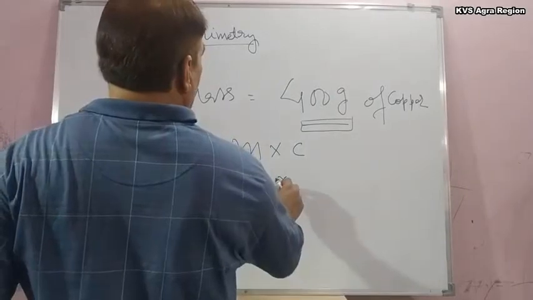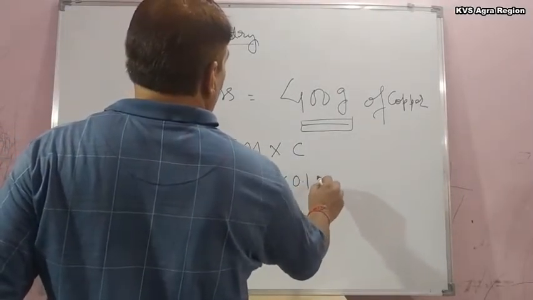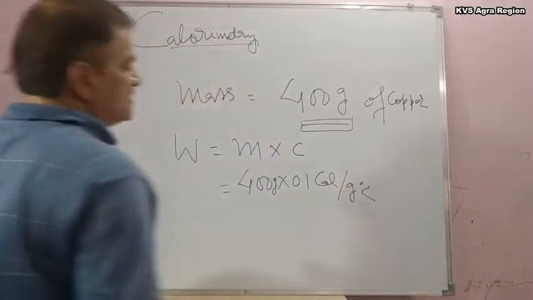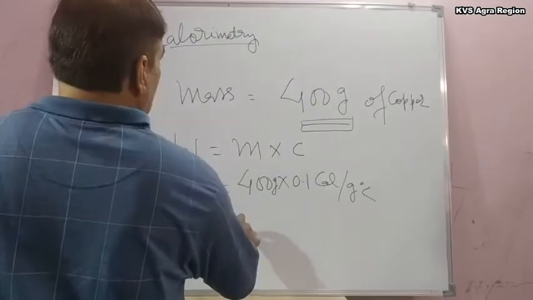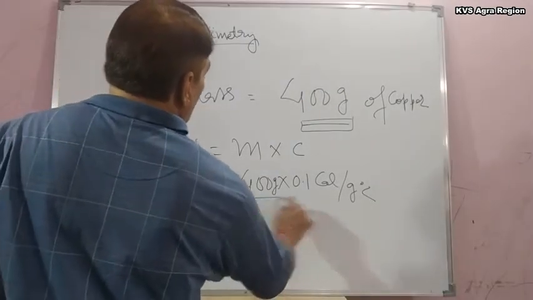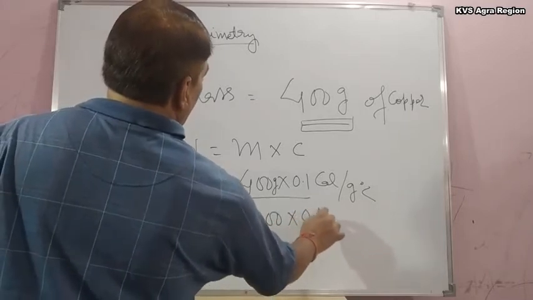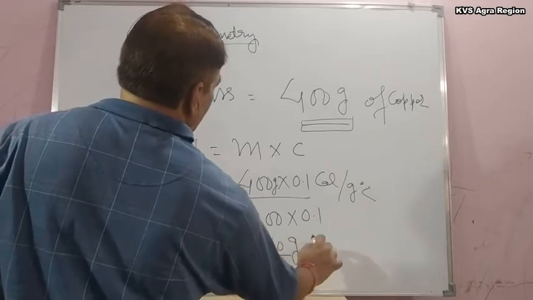So 400 gram into specific heat 0.1 calorie per gram degree Celsius. Here this water equivalent will come out to be 400 into 0.1, which means 40 gram nearly.